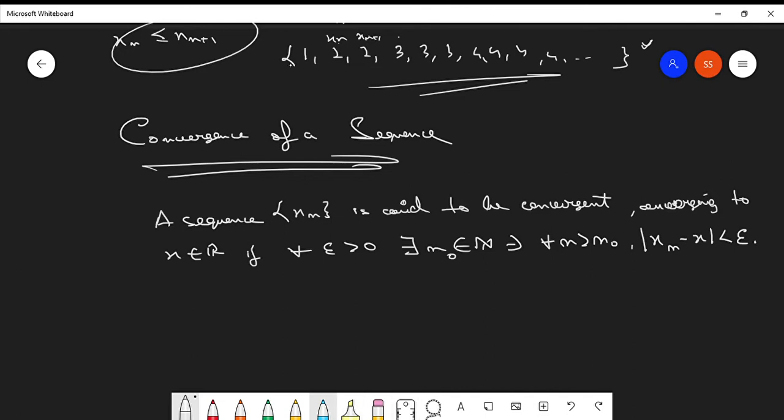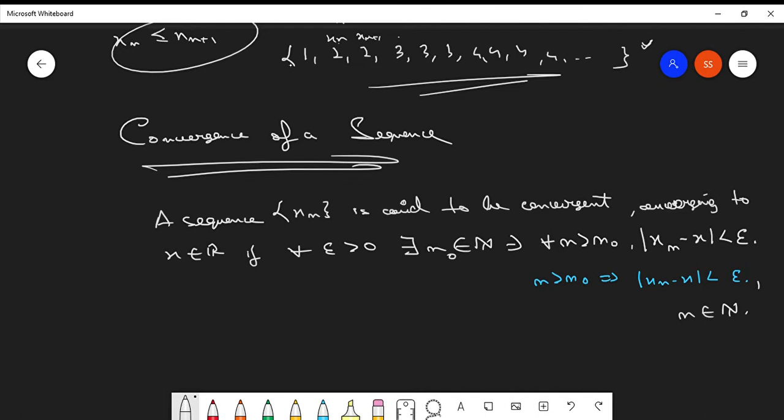In some books, it is also written like this: n greater than n naught implies mod of xn minus x is less than epsilon. Clear? And also write here that n also belongs to the set of naturals. So what does this basically indicate? You can now carefully notice. We have a sequence xn and we say that it converges to x.